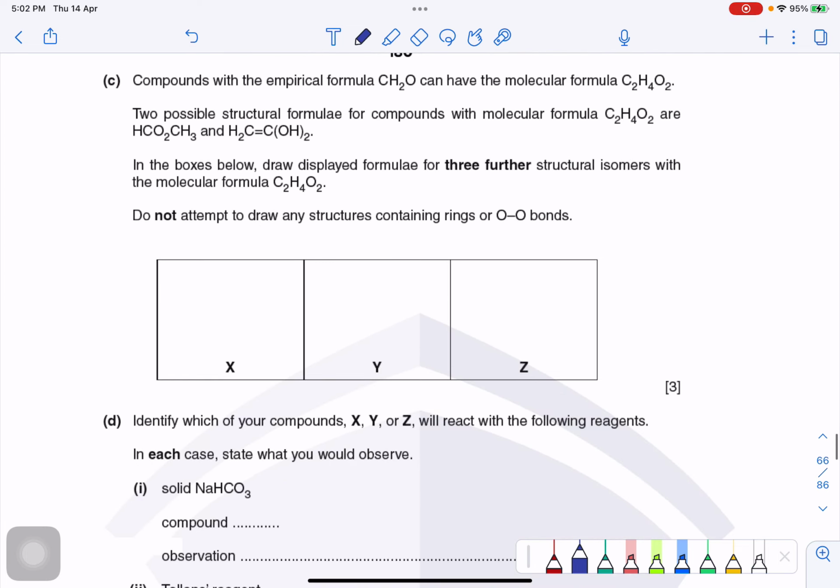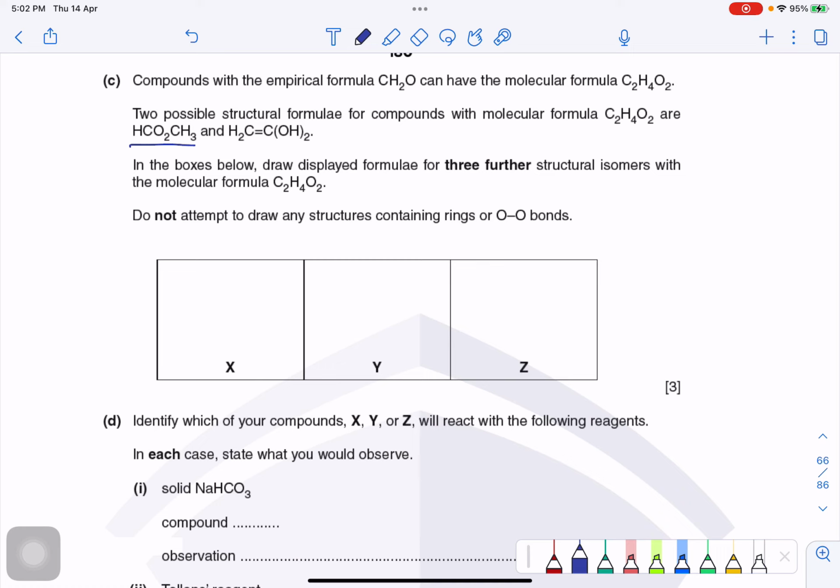And yeah, let's look at this one. क्या हो रहा है? Compound with empirical formula CH2O can have molecular formula. ठीक है, उसने डबल कर दिया उसको। Two possible structural formulas for the compound with molecular formula this are ethanoic acid. No, this is not ethanoic acid.